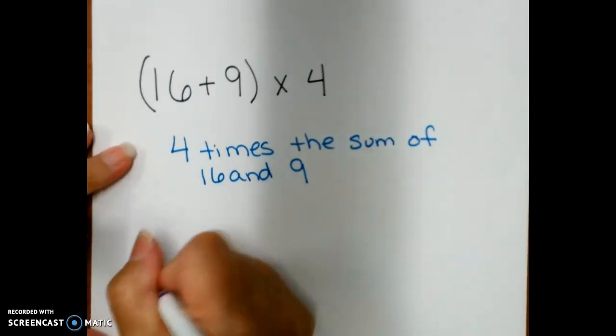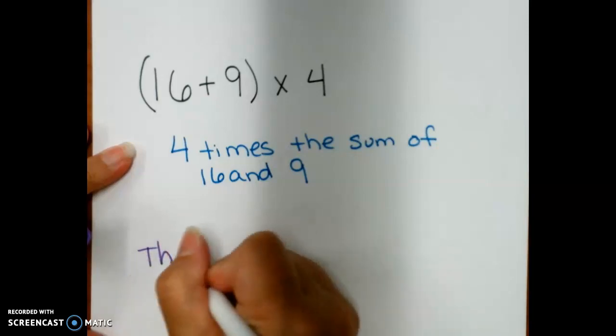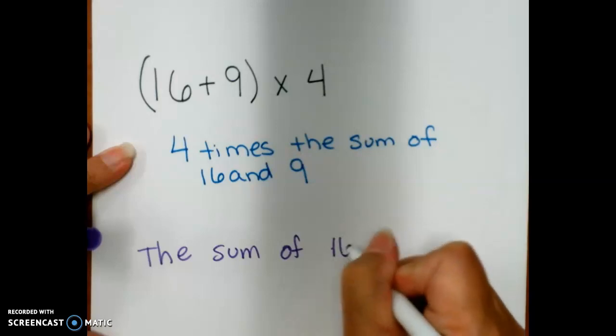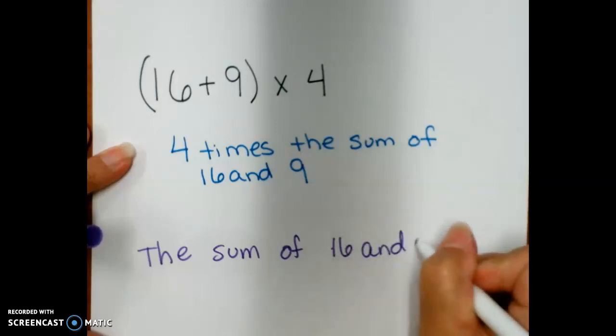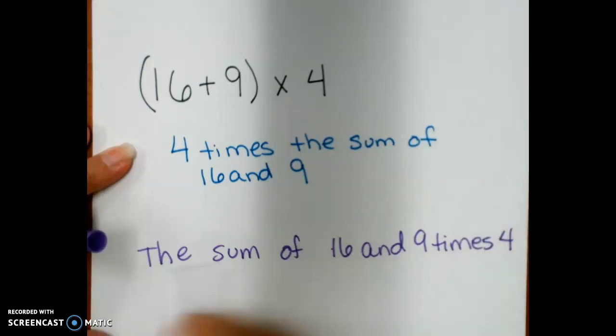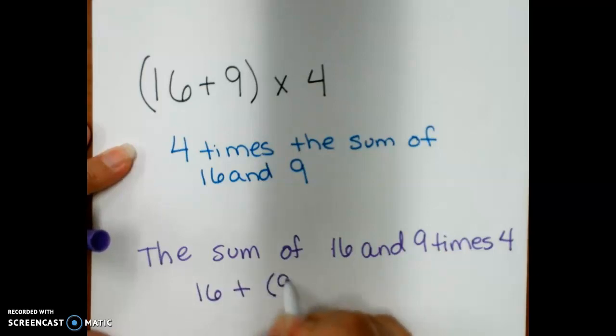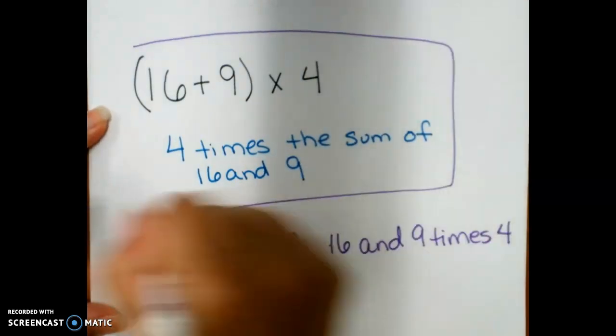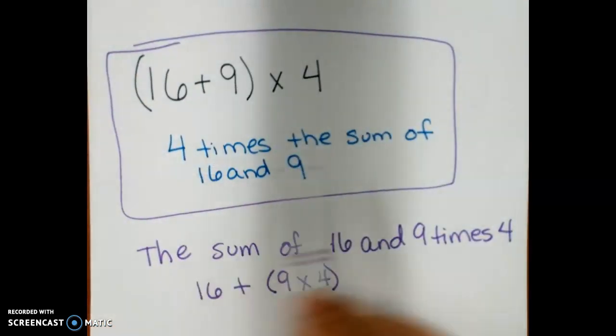If I have the sum of 16 and 9 times 4, this would actually be 16 plus 9 times 4, and I would get a different answer. So this expression up here is 4 times the sum of 16 and 9.